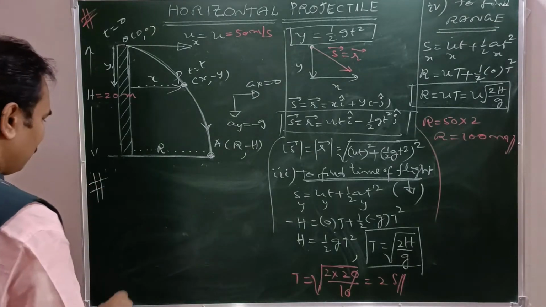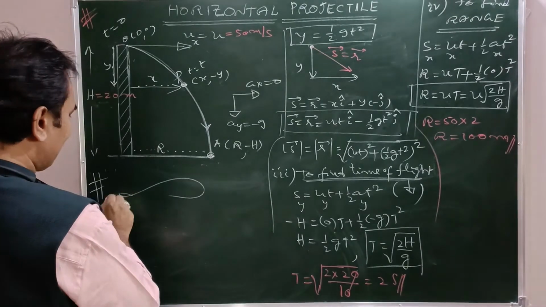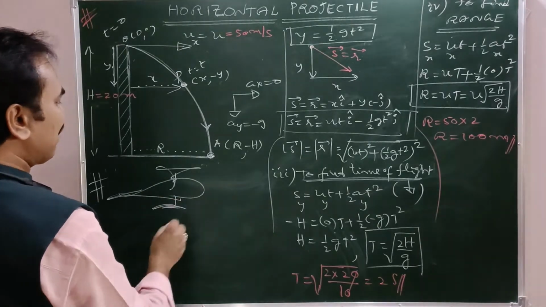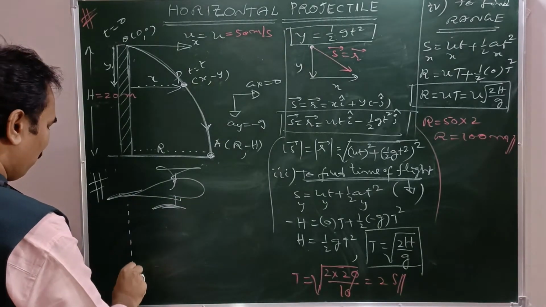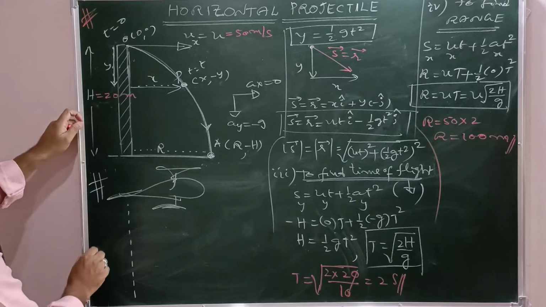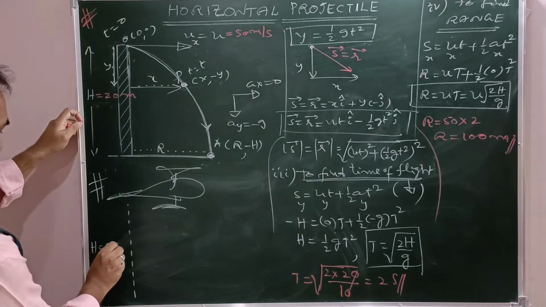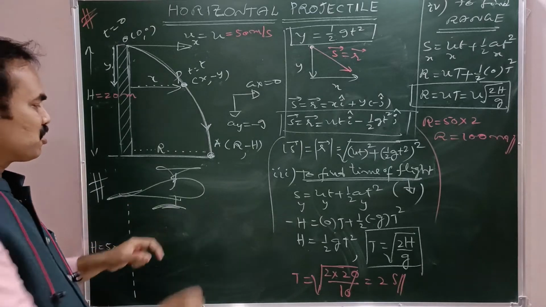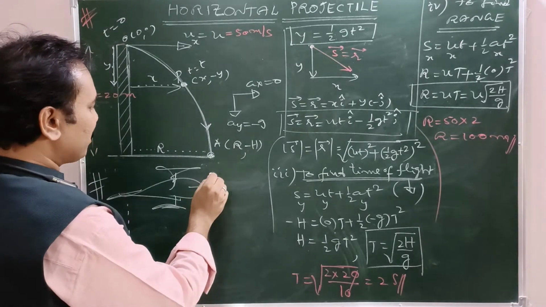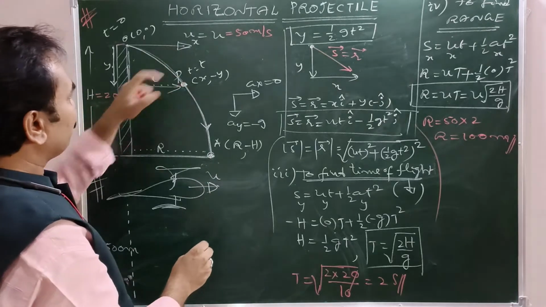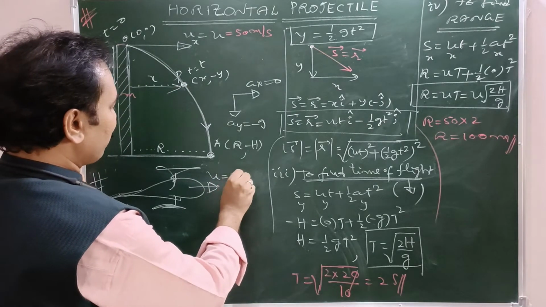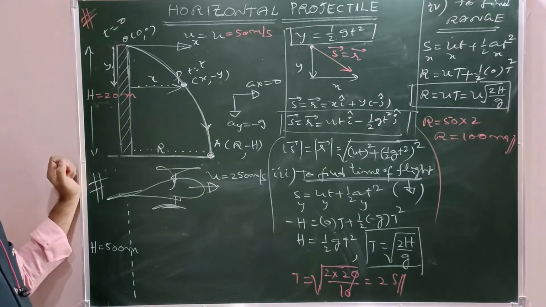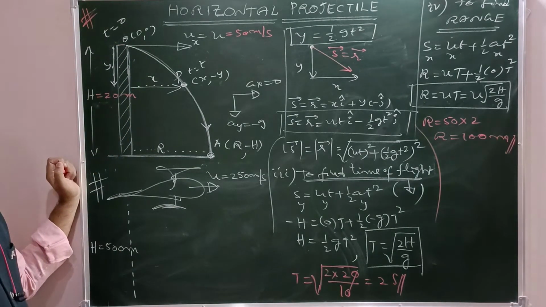Suppose one helicopter is heading at an altitude h, that is 500 meters, horizontally with a speed u of 250 meters per second, at an altitude of 500 meters.